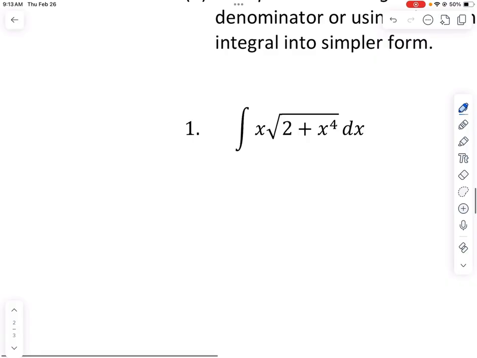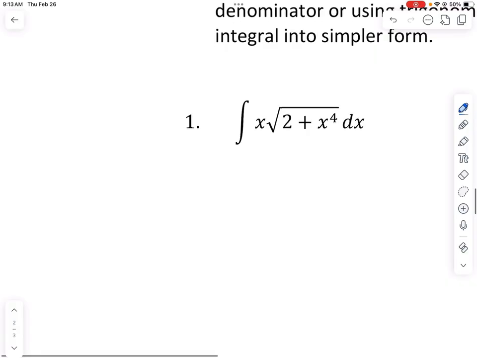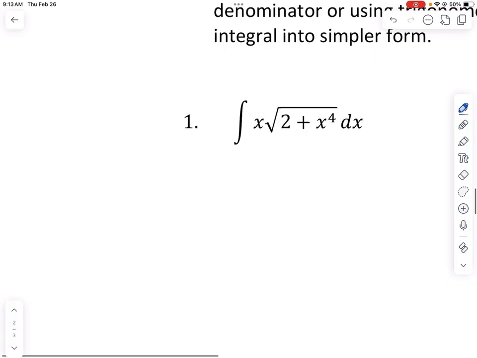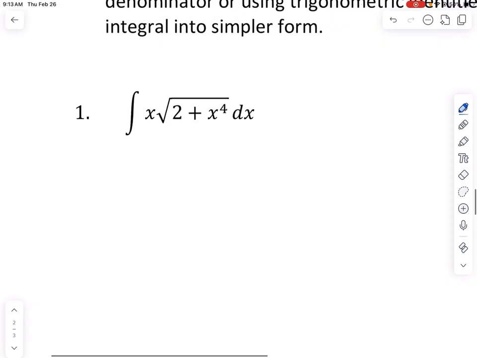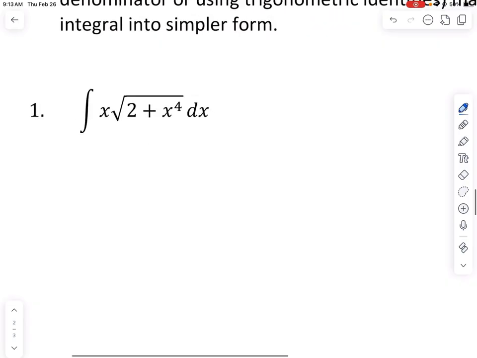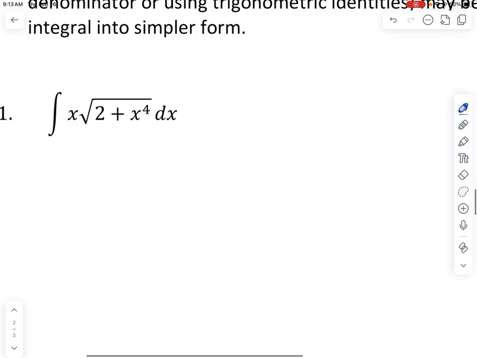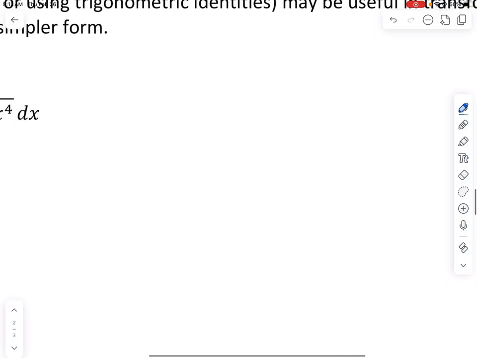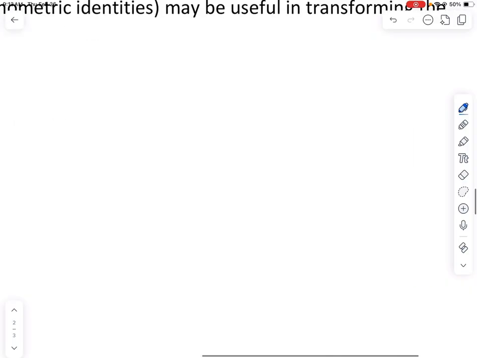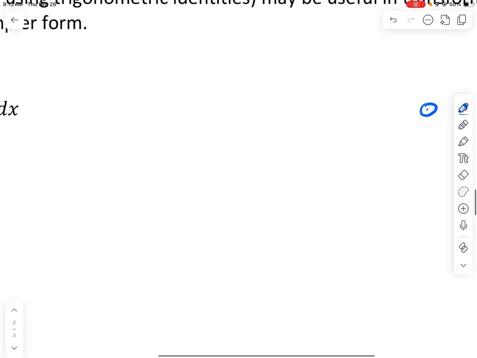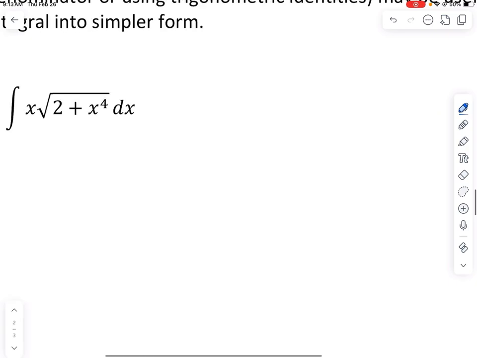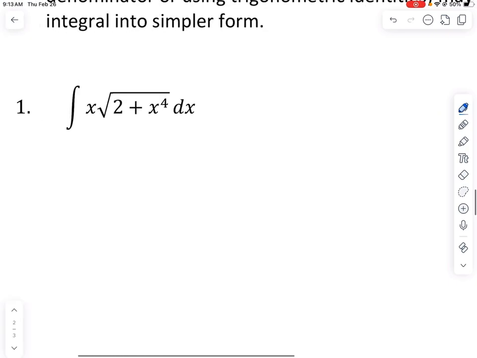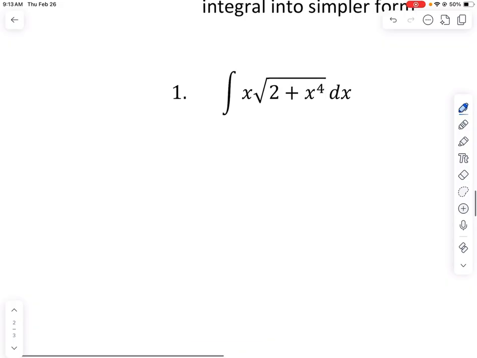Now if we had an x squared instead of the fourth power, we could have just set the quantity inside the radical as our u, and done this problem easily by u substitution. But since we have x to the 4, it becomes a little bit complicated. So how do we tackle this problem?